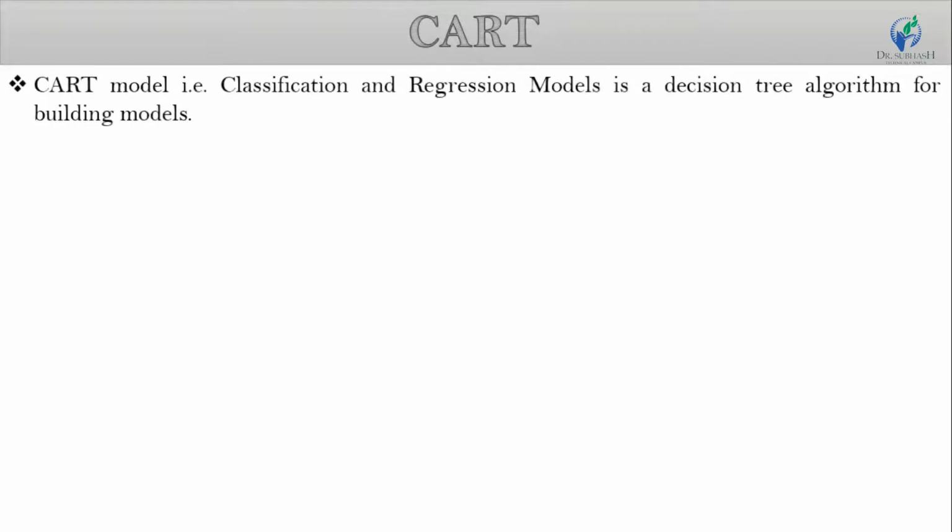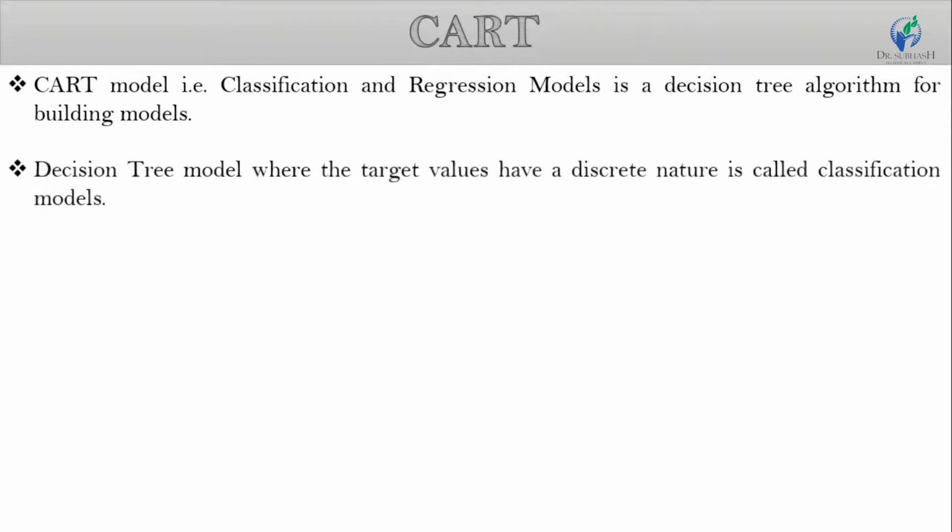Now I explain CART, C-A-R-T. The CART model, or classification and regression tree model, is a decision tree algorithm for building models. A decision tree model where the target value has a discrete nature is called a classification model.